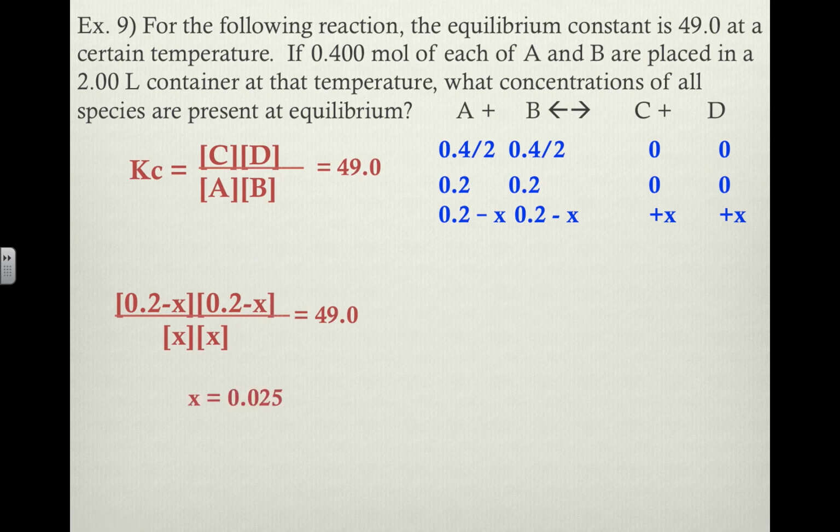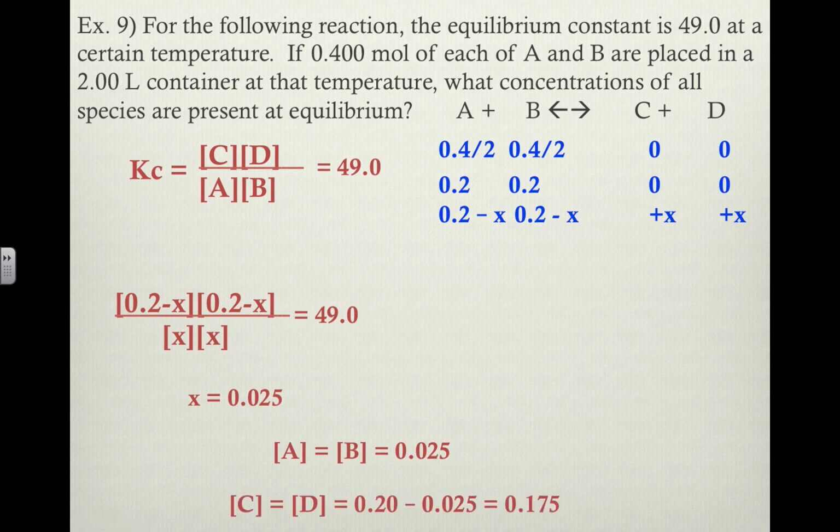So your value that you should have gotten should have been 0.025, which means our concentrations, I switched those. Okay, so C and D should have concentrations of 0.025, and A and B should have concentrations of 0.2 minus 0.025, or 0.175. Okay, so switch the A and B parts.